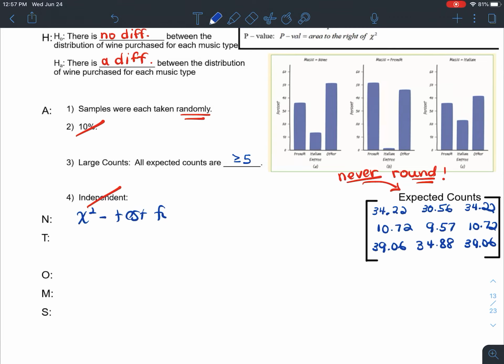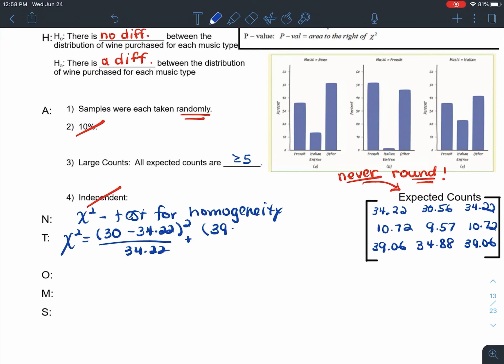Okay. All right, we're going to fill in the name of the test, chi-square test for homogeneity. I'm going to go ahead and fill in the first couple of calculations. Okay, remember this is observed minus expected squared divided by expected. Okay, I'm going to do the next one.